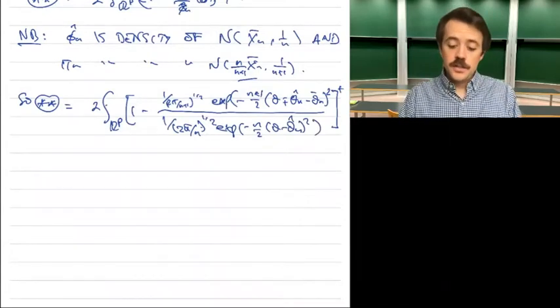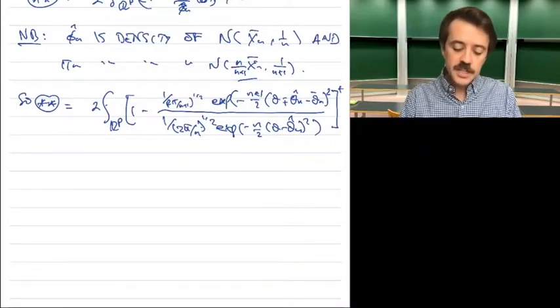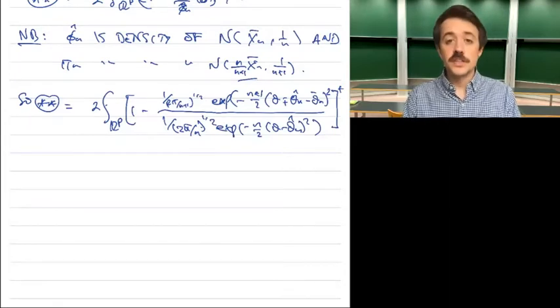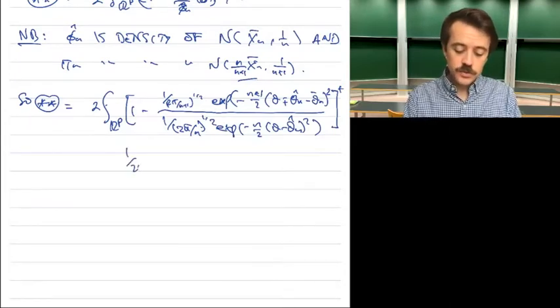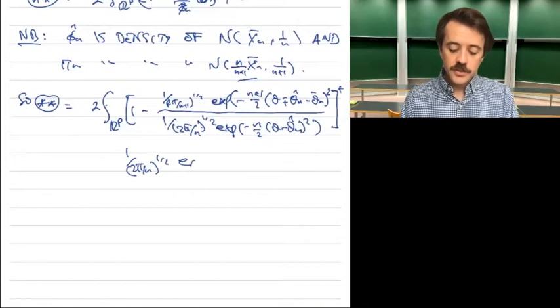So what we're missing here is just to integrate with respect to this, and this is going to be the same as what we get in the denominator in the previous line.